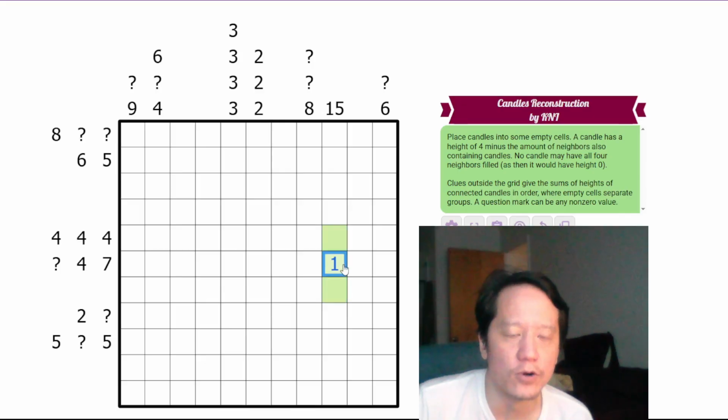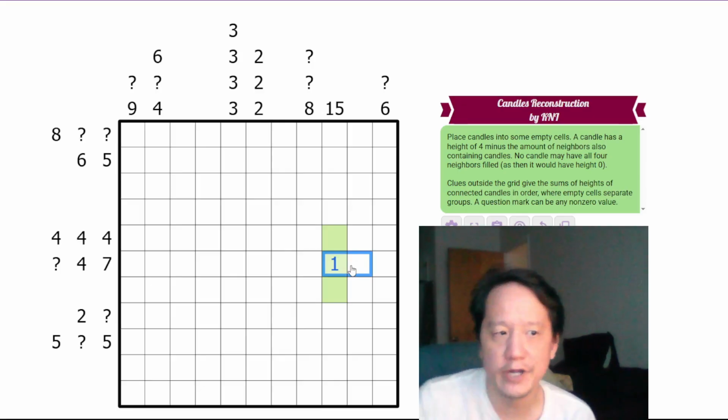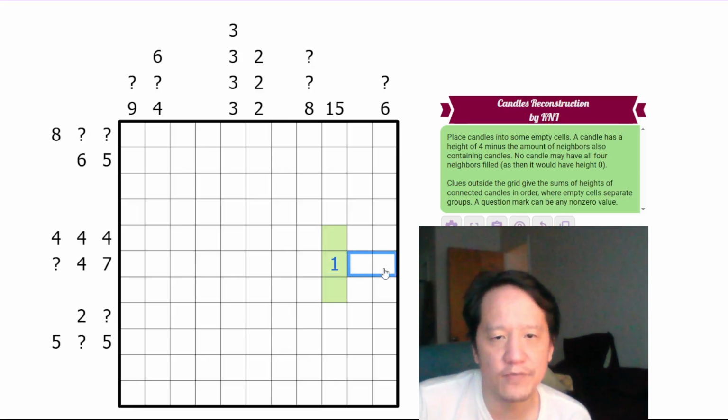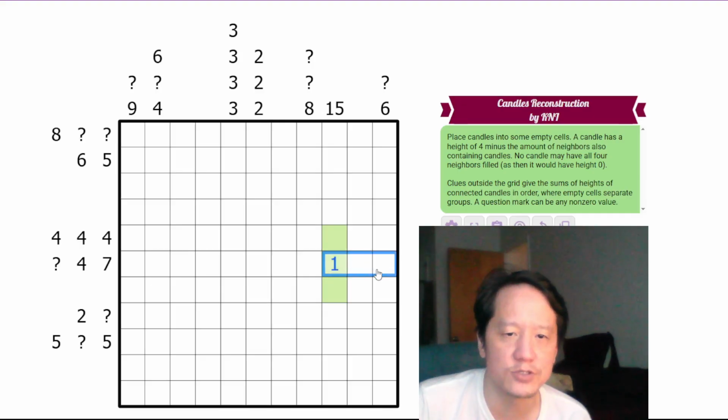So if we try to have this be the one that has a candle and this doesn't, because these 2 already have a candle, this would have to be 1, and this would have 2 candles on its edge. So this is 2 at most. Therefore, this would be 3, but that's too small. So this cannot have the candle being on this side or the empty spot being on this side.